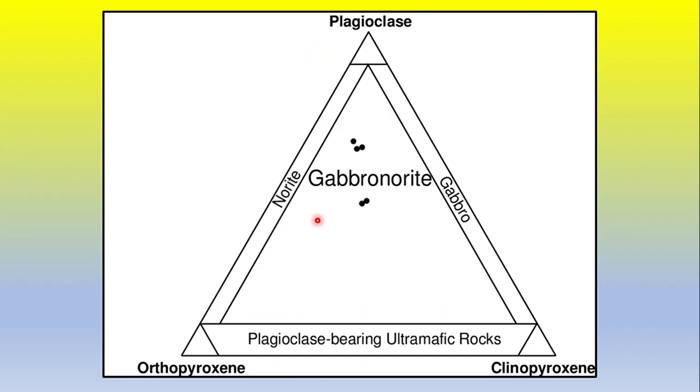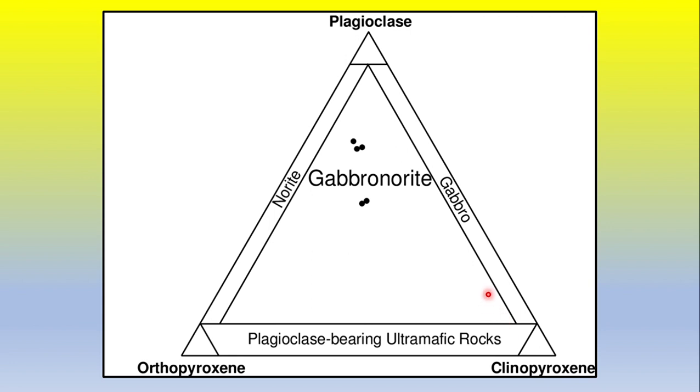Okay, so see this classification. We are going to discuss norite first. Norite is a plagioclase and orthopyroxene rich gabbroic rock. Remember, in norite, plagioclase and orthopyroxene are dominant, but in gabbro, plagioclase as well as clinopyroxene are dominant.